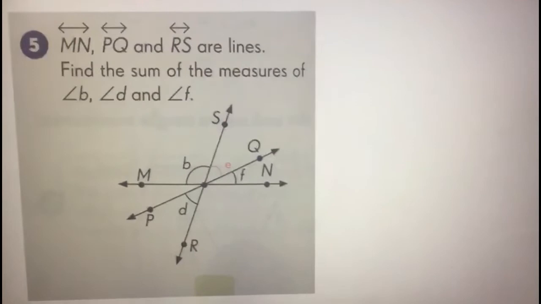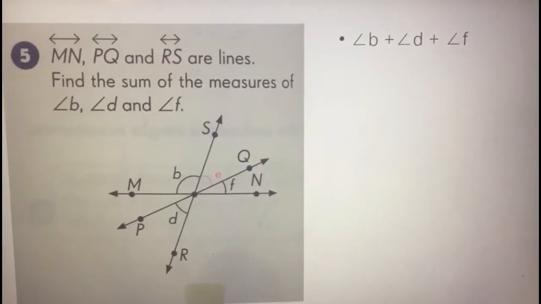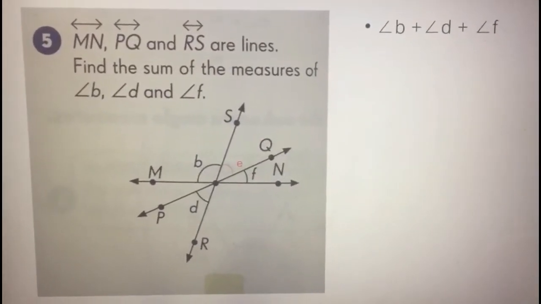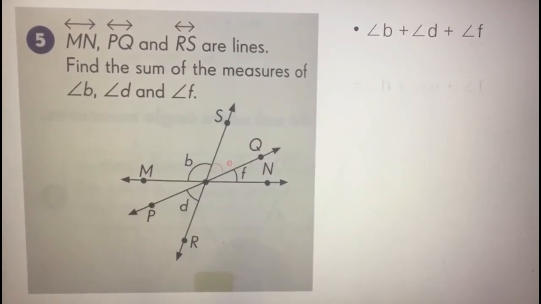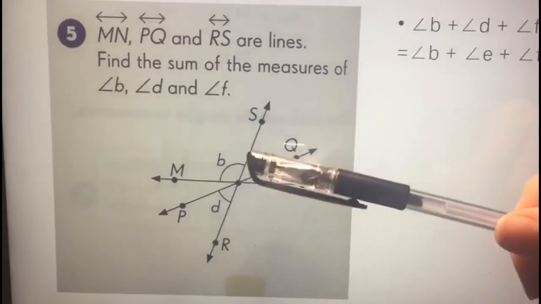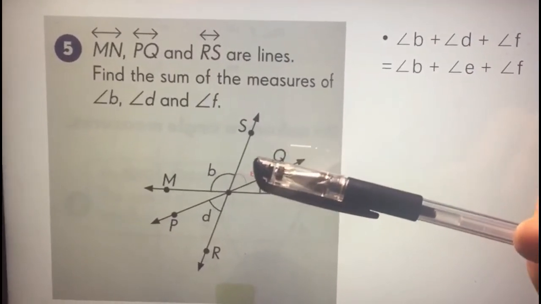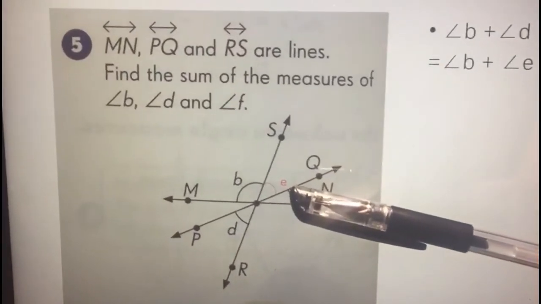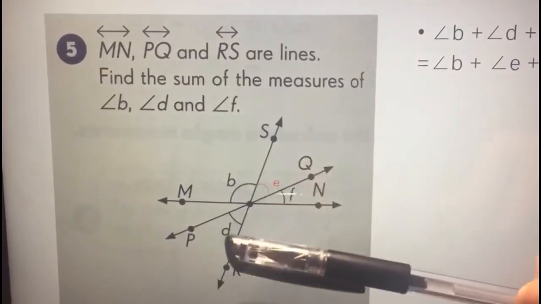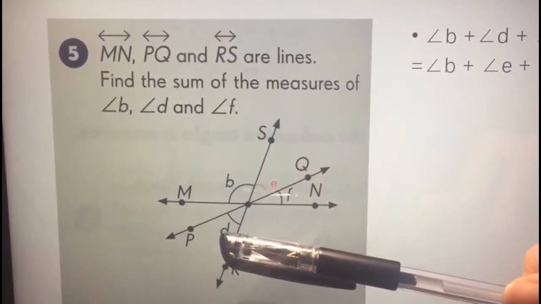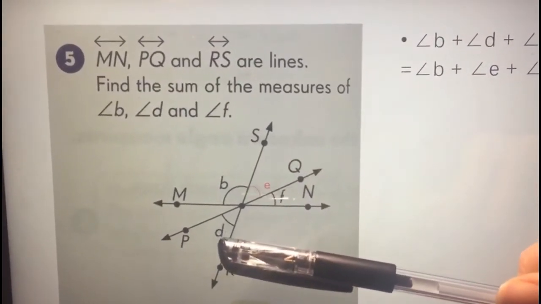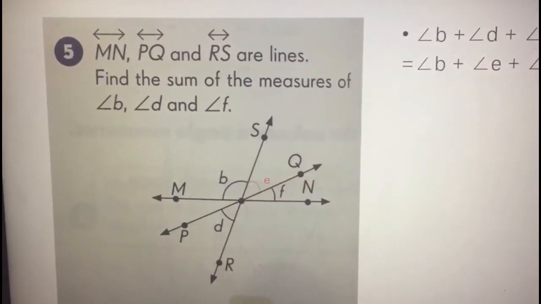First of all, we know that angle B, angle E, I named a new angle here. Angle E and angle D are vertical angles. So angle D and angle E measure the same.